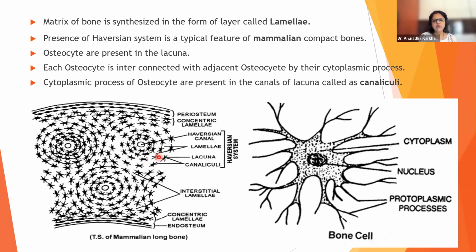Got it? So this is the TS of the mammalian long bone. बेटा ये ऐसे ही दिखते हैं गोले सारे. Fine ना? No difficulty in understanding? All of you are okay?